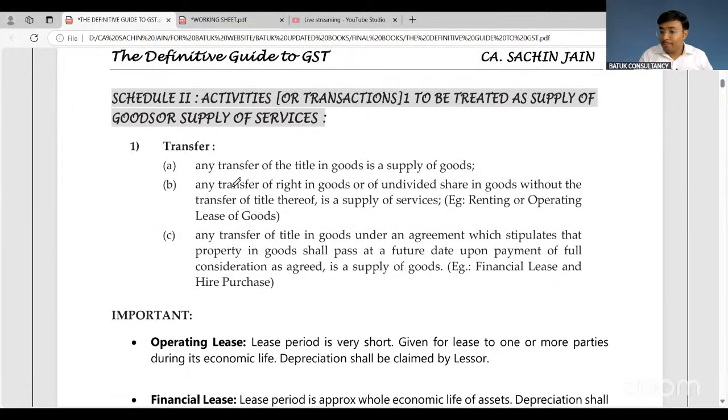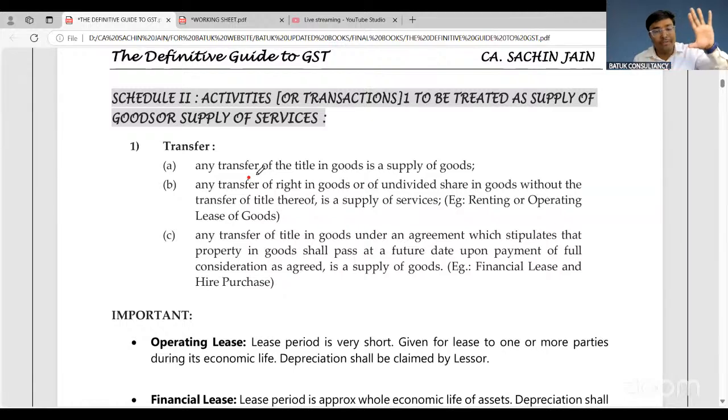Now, schedule number two we covered in our last session. Yes, Dhanpal sir, this is the GST threshold limit. In our last session, we covered the bifurcation as supply of goods and supply of services.